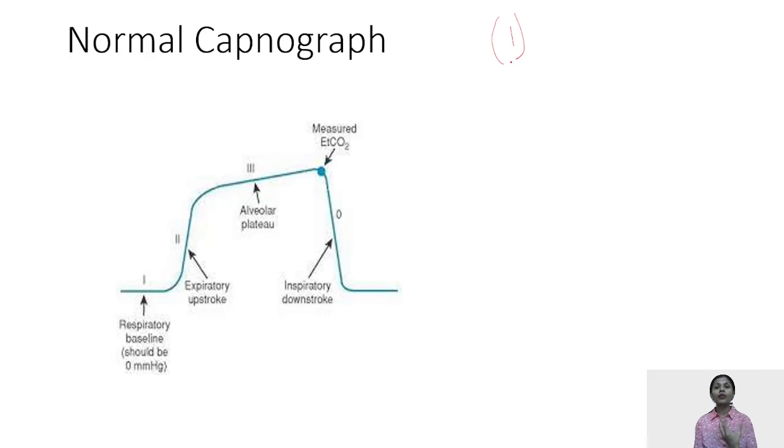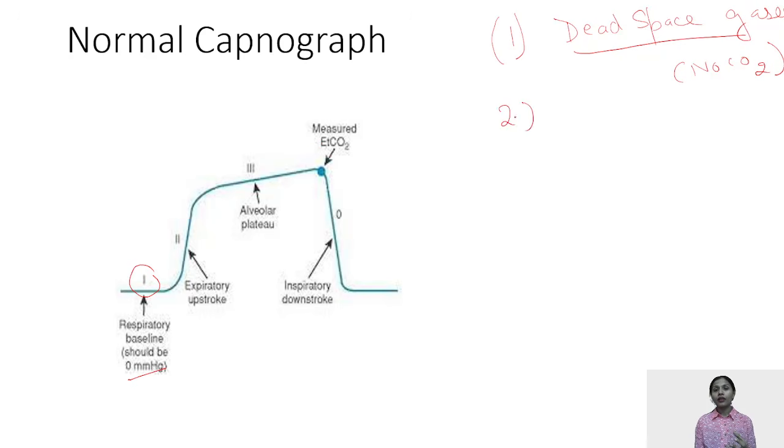The gas present in the conducting zone is the dead space gas, where no exchange of gases is taking place. So such a place has no CO2. The very first phase that you can see is the respiratory baseline, that is 0 mmHg of CO2, which is phase 1.